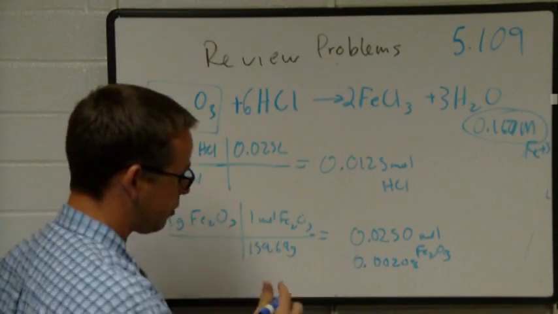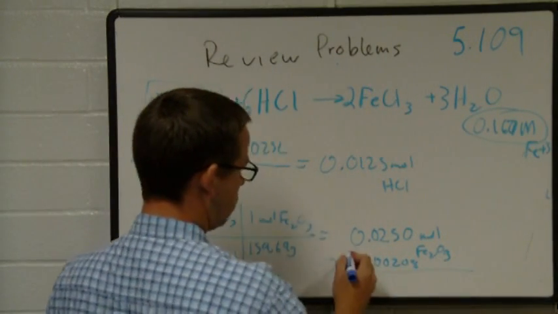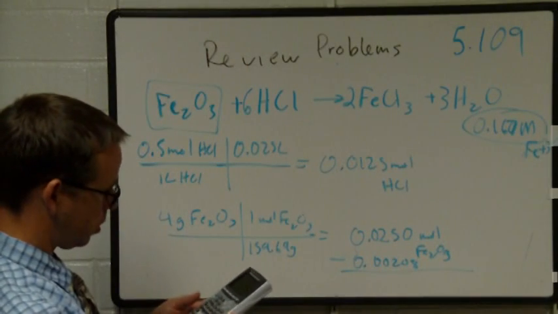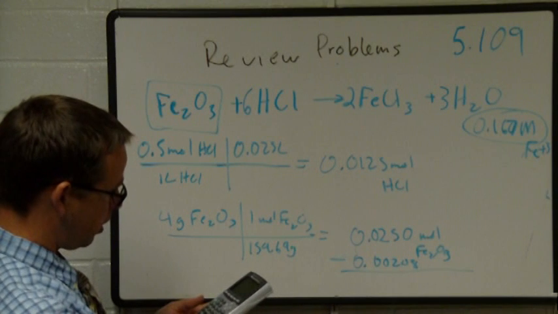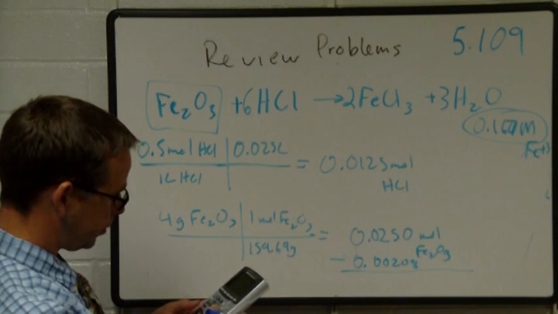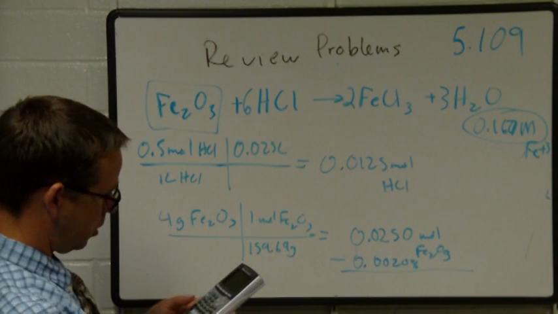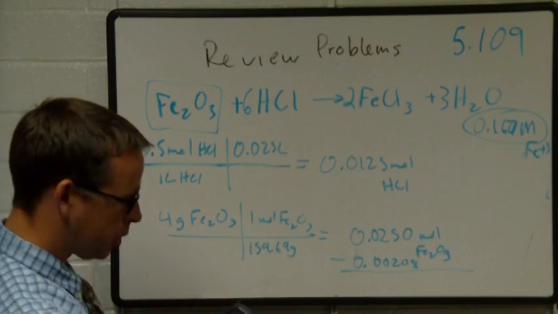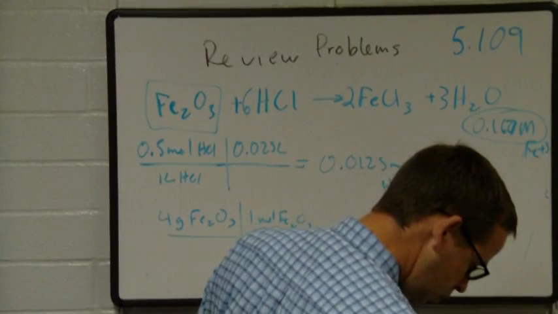That should be how many moles of iron oxide we can consume. So if we take the moles of iron oxide that we have, subtract the moles of iron oxide that we could consume, then we have the moles of iron oxide left over, and the question is, what's the mass?